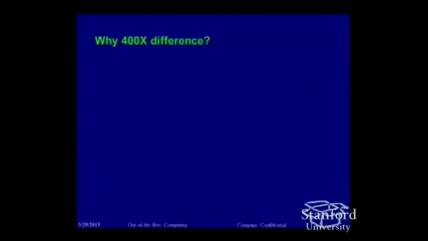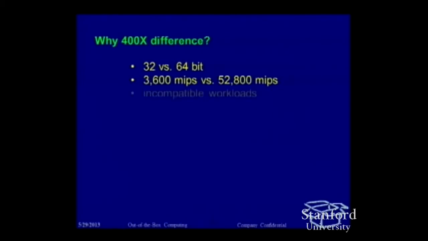So why is there a 400x difference? One is simple. The Texas Instruments chip is a 32-bit chip. If you want to do a 64-bit addressing space, you need the superscalar. Another is total raw horsepower. It takes an awful lot of those Texas Instruments chips to add up to the total number of ops that you can get through the superscalar. But what really makes the difference is that the workloads are incompatible.